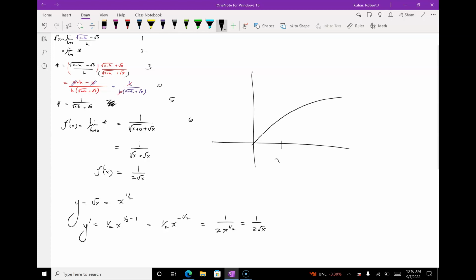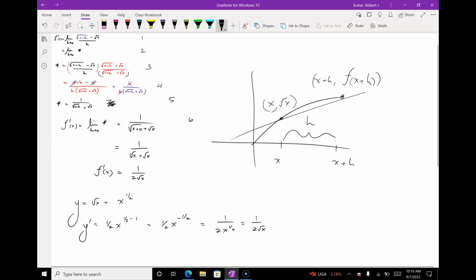I have an x, square root of x, and then I have some h later. I have x plus h, and out there I'd have the point x plus h, comma, f of x plus h. And remember, I'm doing a secant slope, but I'm letting h go to 0. So square root of x plus h is better here.